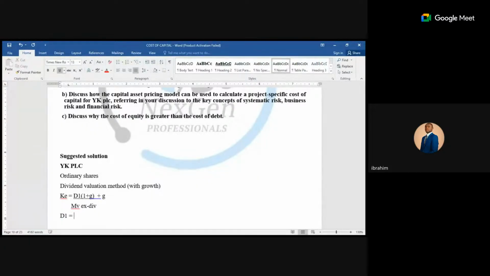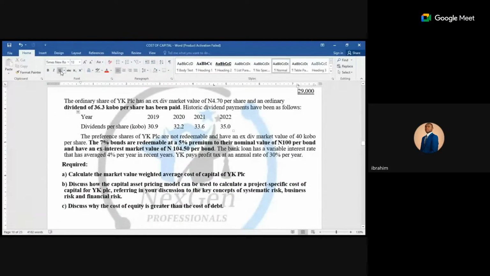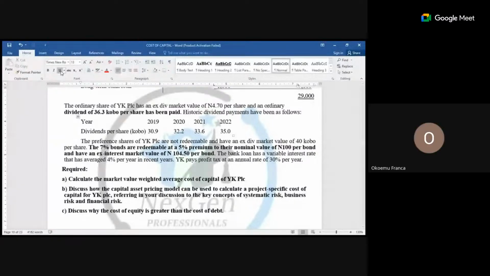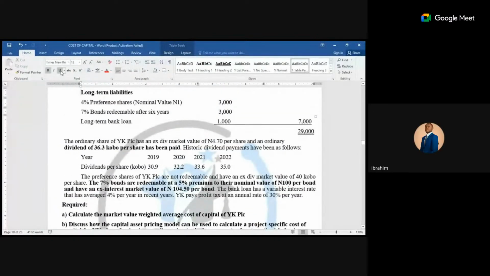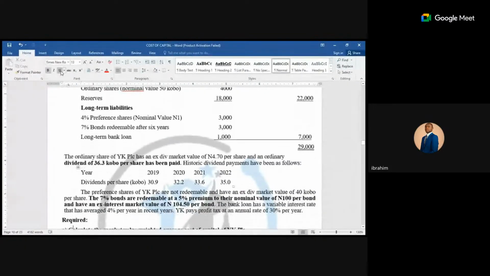So what is the current dividend, class? What is the current dividend from the question? It is 36.3 kobo. That is the current dividend that is being paid.